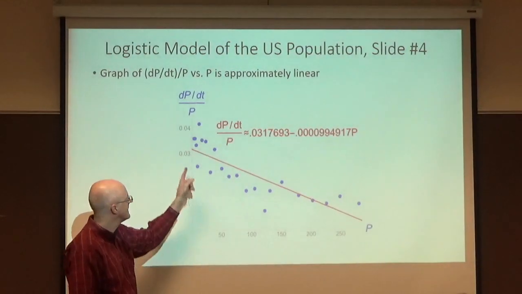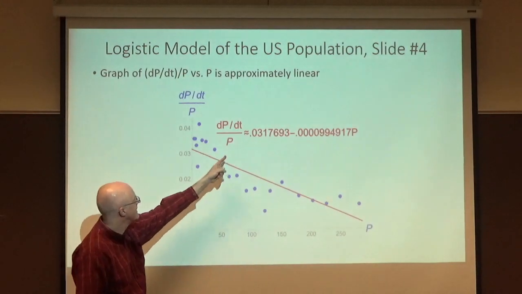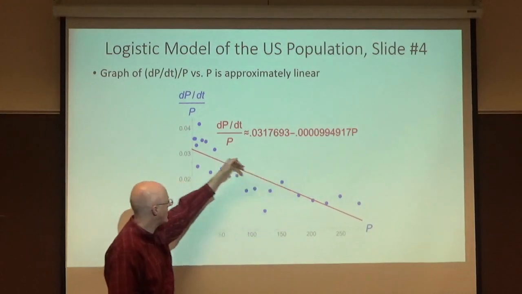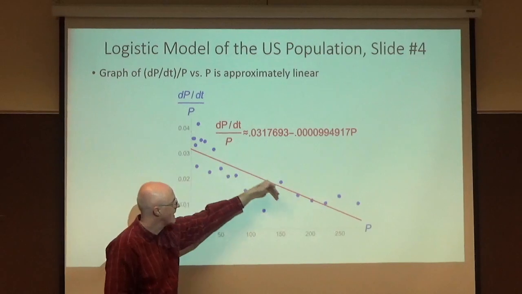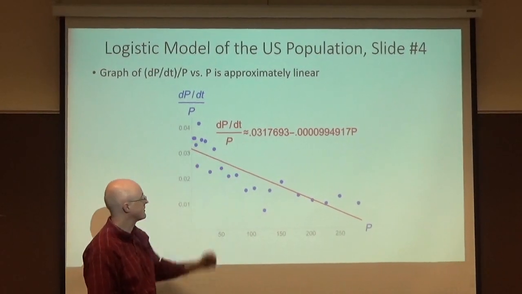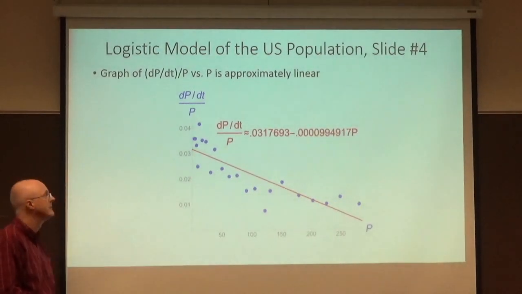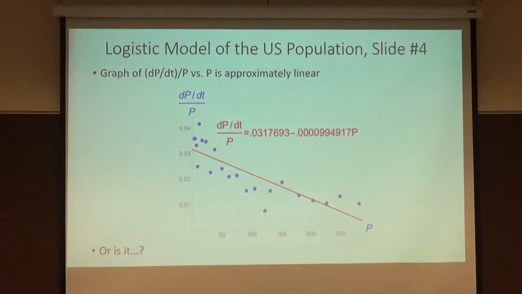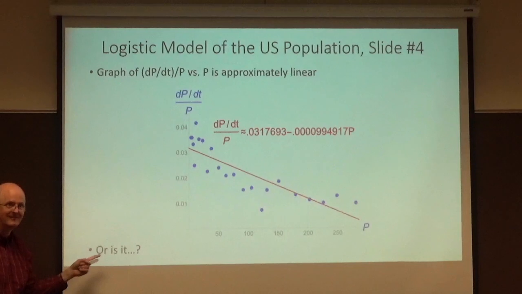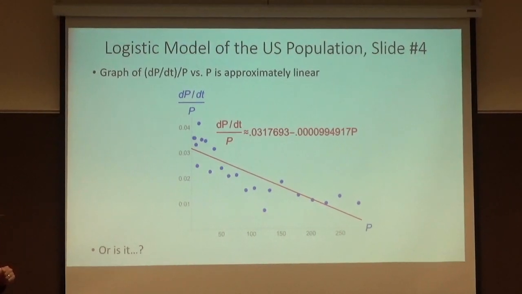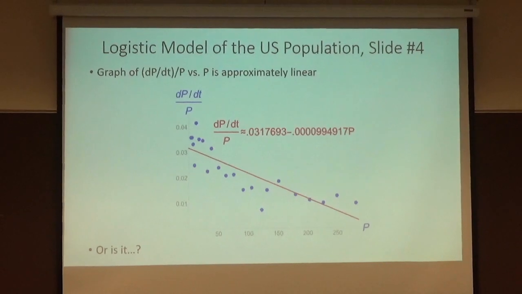Mathematica calculated that expression as the equation of a line as a function of p that is the best linear fit for these data. So it's approximately linear, or is it? I sort of jumped the gun on that one. It's not going to do the greatest job, but we'll see how it turns out here.